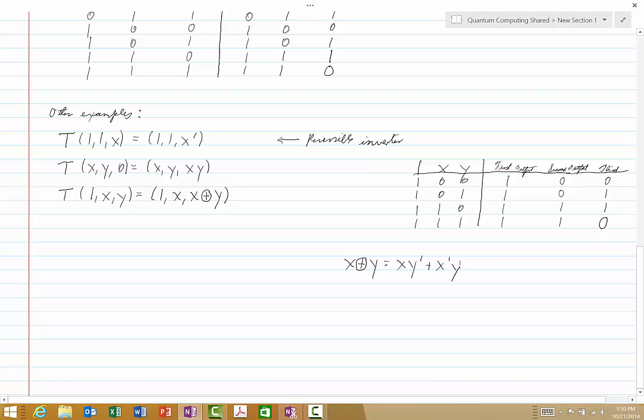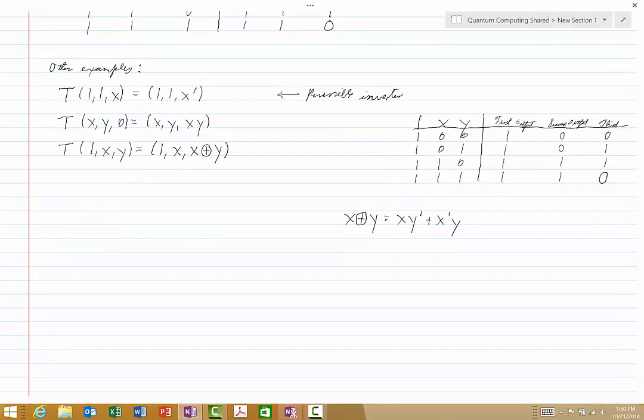And now let's look at another example. I'll skip down a little bit. Perhaps let's now look at T of X, Y, 1. What will that be equal to? Well, we know that the first one will be X. We know that the second will be Y. But what about the last one?